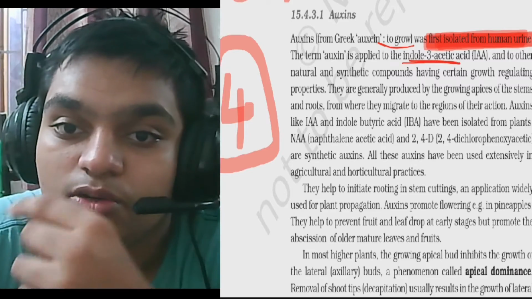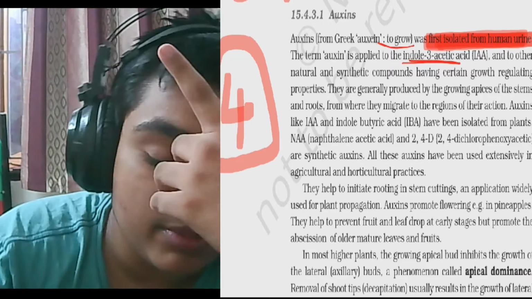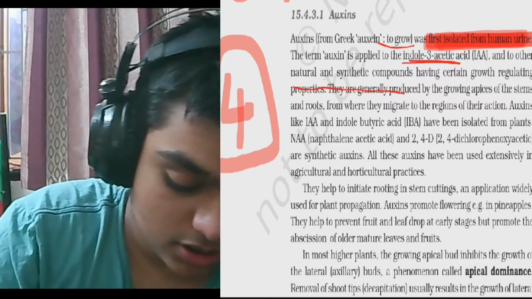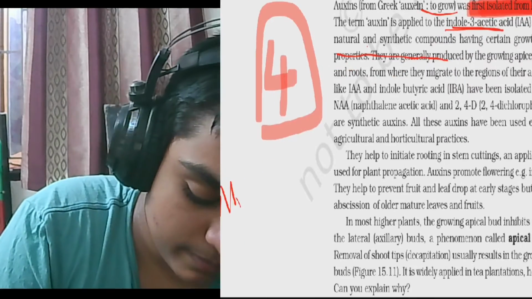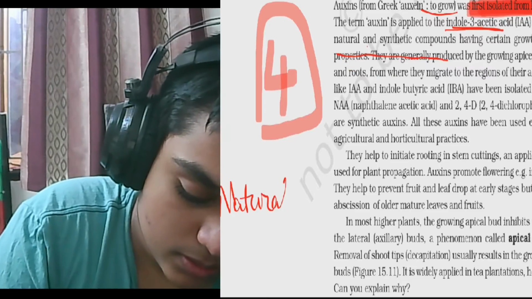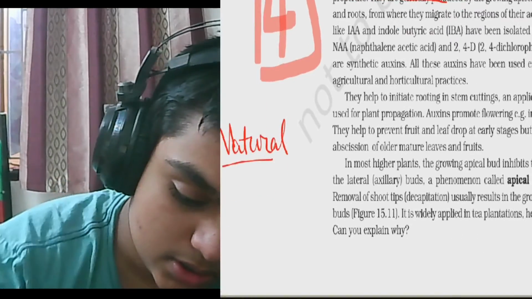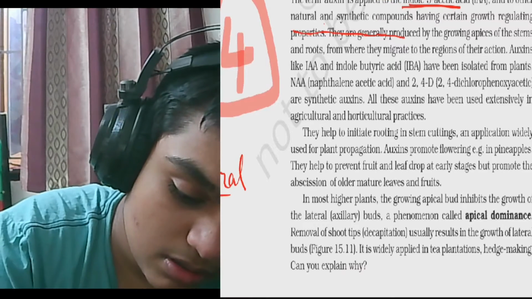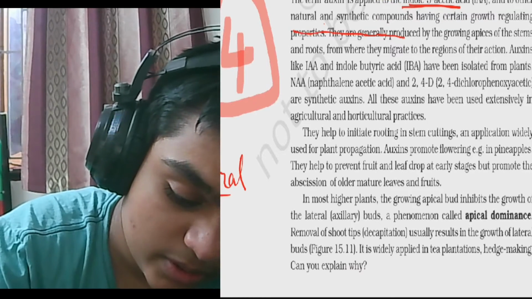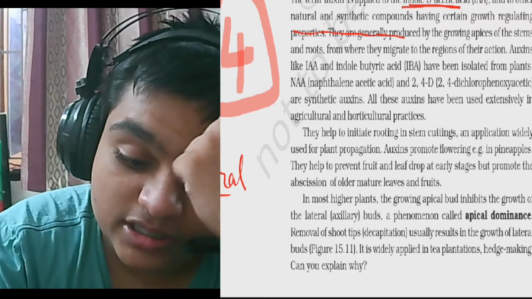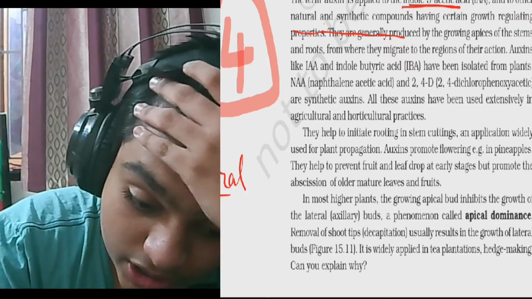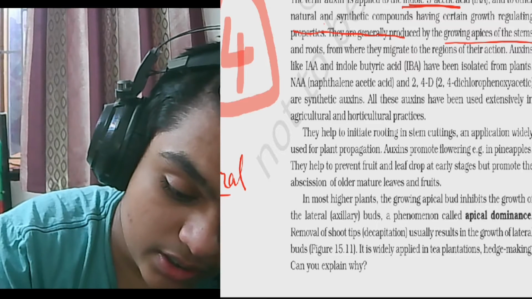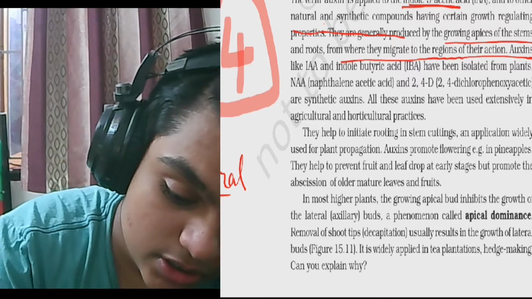Yes, indole-3-acetic acid. There can be two forms, natural and synthetic. Natural auxins are natural compounds having certain growth regulation properties. They are generally produced by growing apices, and then migrate to the regions of action.